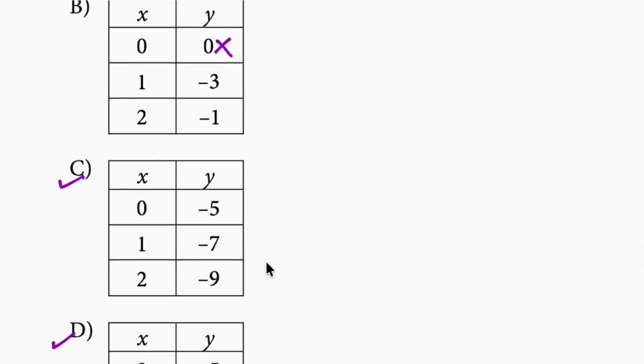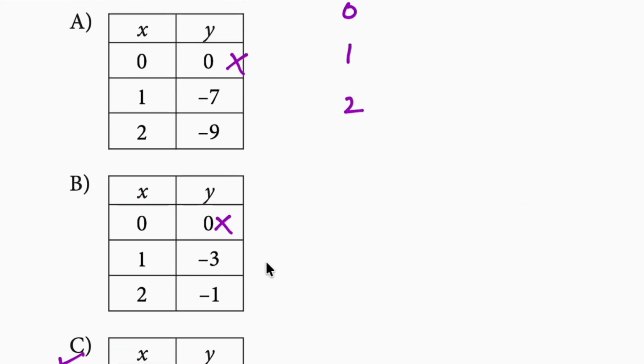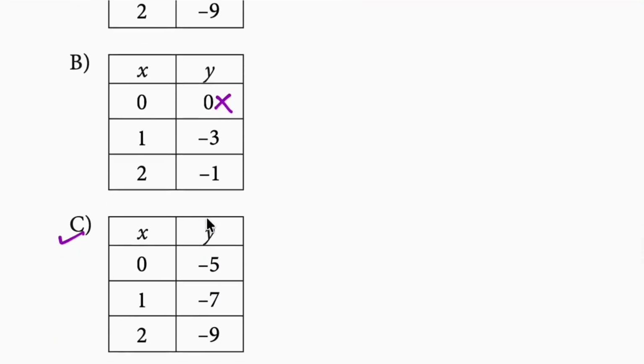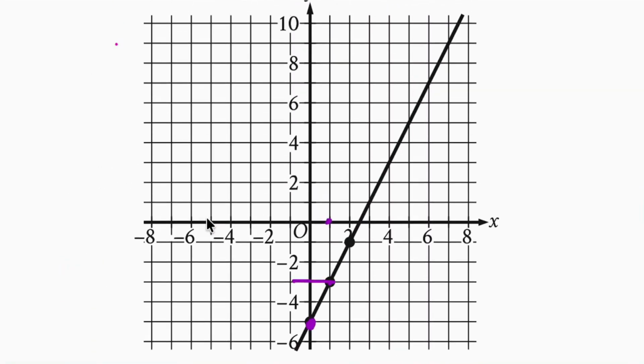Now if you want to do the whole question, in every option you have to check the corresponding value of y when x is 0, 1 and 2. So you can write the coordinates here. When x is 0, 1 and 2, check from the graph. When x is 0, y is -5. And when x is 1, y is -3.